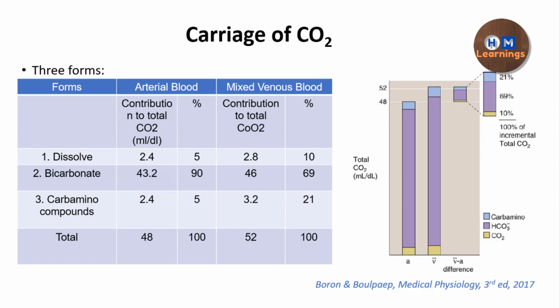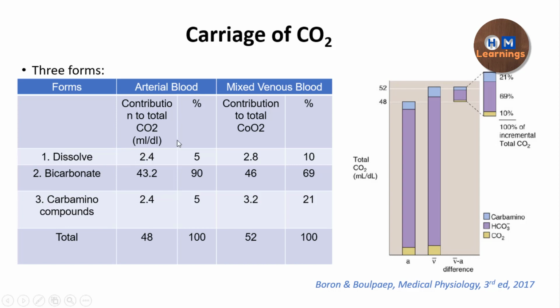Now the various forms by which the blood carries the carbon dioxide have to compensate, and take this increment of 4 ml per deciliter of carbon dioxide from the tissues to the lungs to maintain the body in a steady state. So what are the changes which are brought about in these three forms to compensate for that increment of 4 ml per deciliter of carbon dioxide?